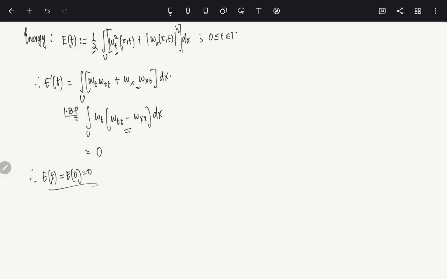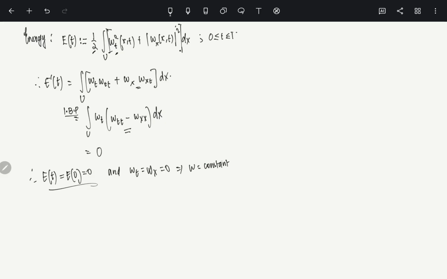So this is the mathematical proof of it. Since E'(t) is 0, it means that E is constant. So at any time t, E(t) equals E(0), which is 0, right? And since the energy is 0, it implies w is constant.